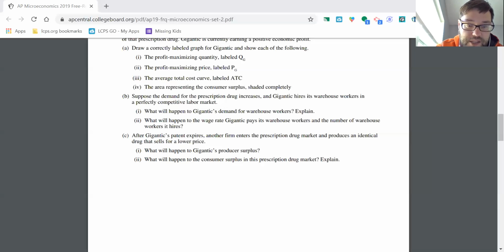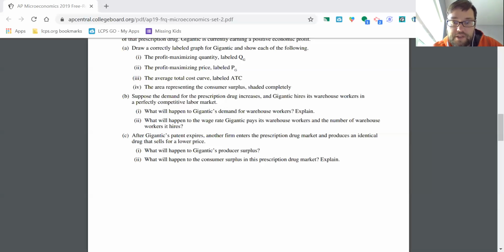If the price is coming downward, this area, the red area, which is our producer surplus, let's label that, producer surplus is shrinking, right? It makes sense because the price is coming sort of down this way. And conversely, consumer surplus is increasing, right? So producer surplus is decreasing.